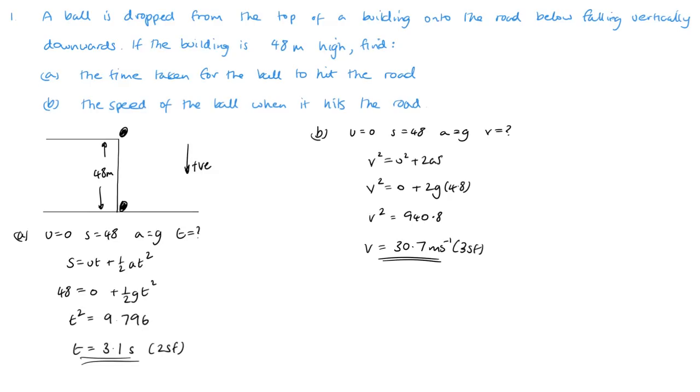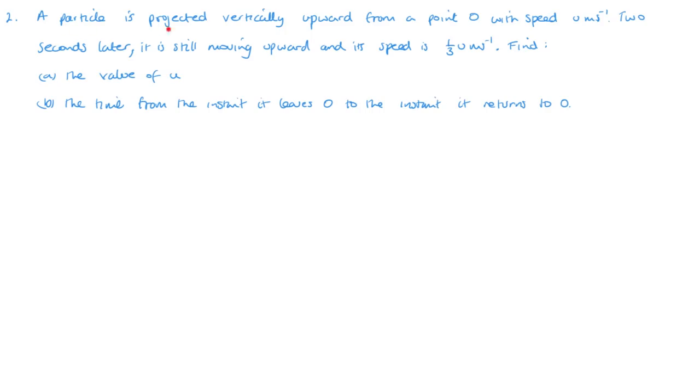Let's now look at question 2. So here a particle is projected vertically upwards from point O with speed u meters per second. 2 seconds later it is still moving upwards with a speed of 1/3 u meters per second. Calculate the value of u. So what's happening is I've got this particle and it's initially at u, and then 2 seconds later it's now at 1/3 u, and time there equals 2 seconds.